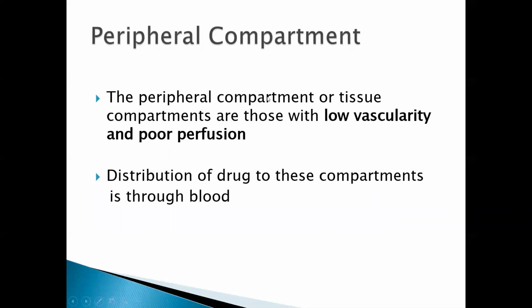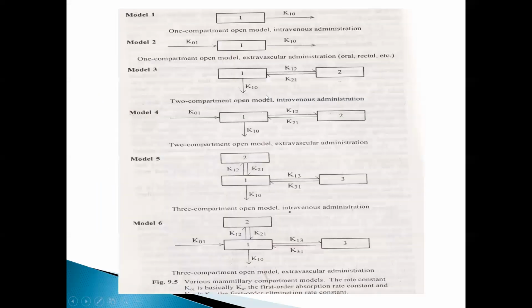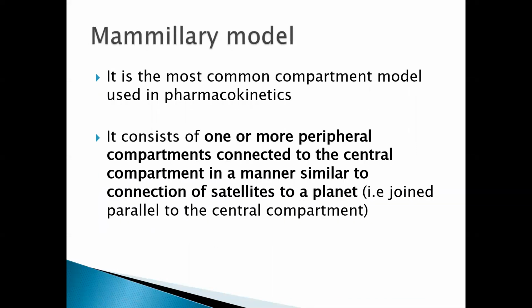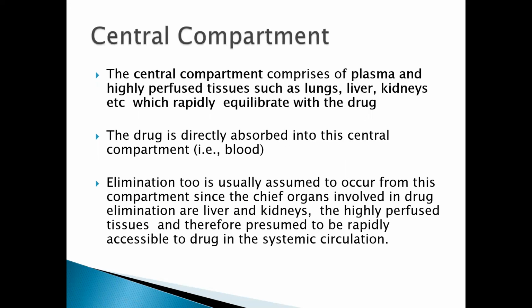Okay, so what is the peripheral compartment? The peripheral compartment or tissue compartments are those with low vascularity and poor perfusion. We discussed the mammillary model: there is a central compartment consisting of highly perfused tissues like the lungs, liver, kidneys.